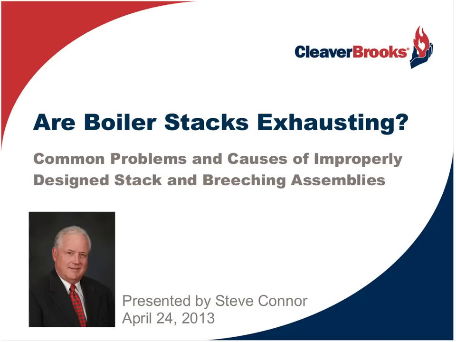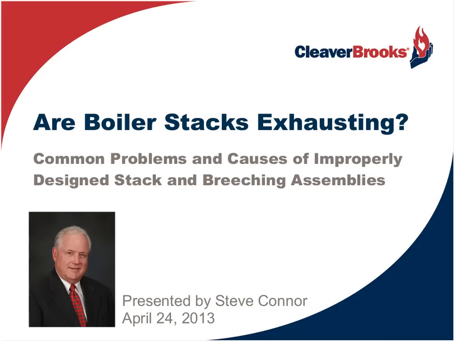So during this webinar today, for time purposes, we're going to limit our discussion to forced draft, natural gas-fired commercial and industrial boilers, both condensing and the non-condensing type. We're going to first look at the problems associated with poor venting systems and then discuss the major causes. So problems first, then the causes associated with these problems.